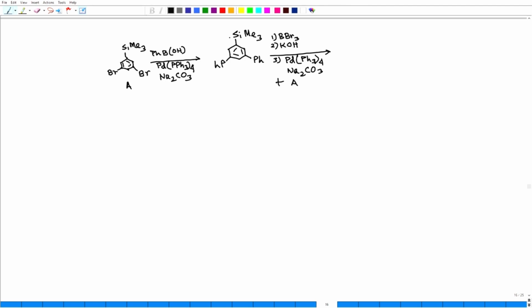So, then what will happen? It will make phenyl-phenyl bonding. So, finally, we get this particular compound, SiMe3.